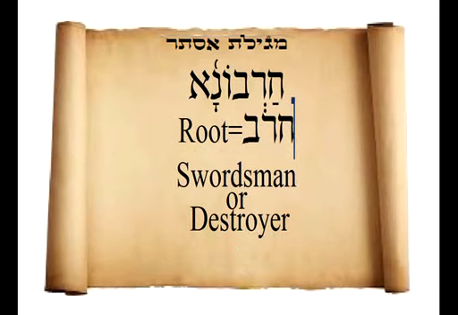We now move to the third of the ministers in the list, and he is Charvona. Charvona comes from the root cherev. We also see another instance of the word in churban, or destruction. Cherev means sword, and churban again means destruction.